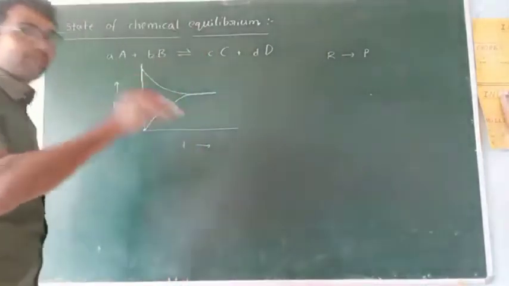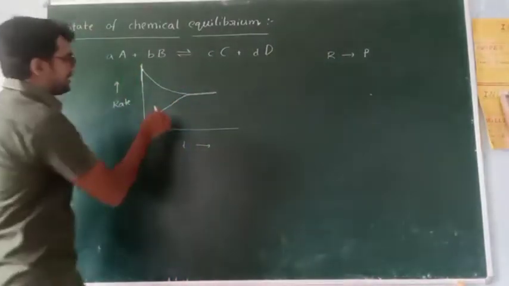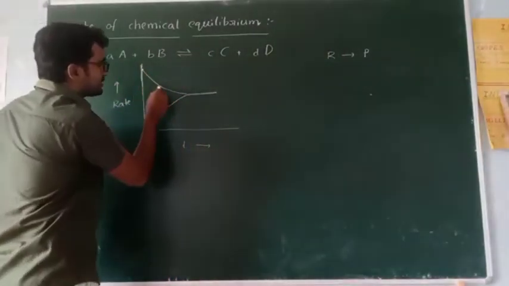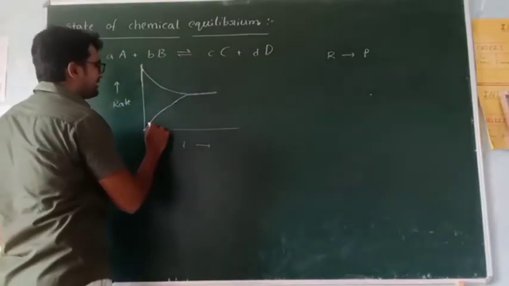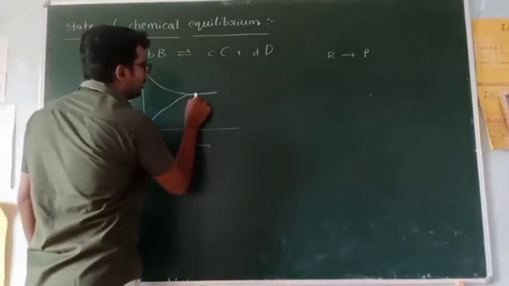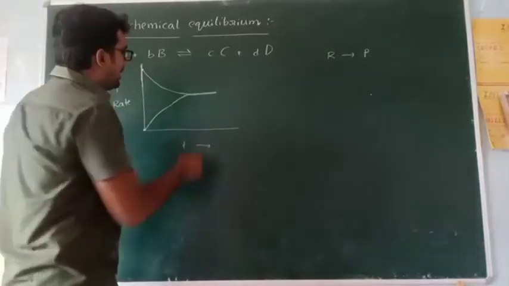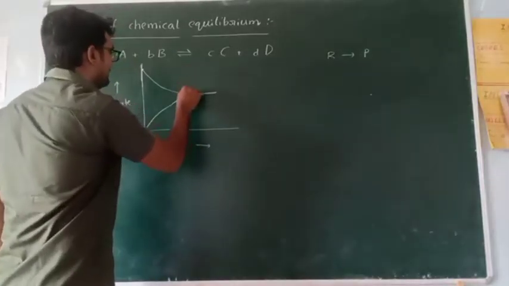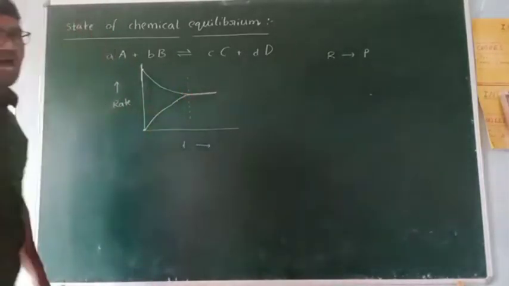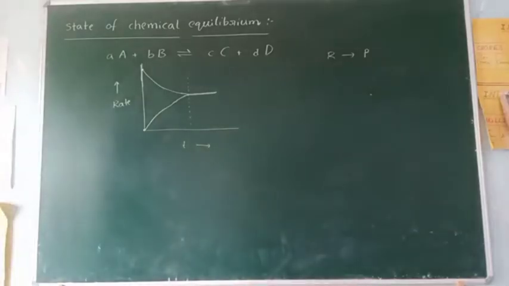But in equilibrium reactions, the decrease in the concentration of the reactants and the increase in the concentration of products both attain one state. This state is called the equilibrium state.